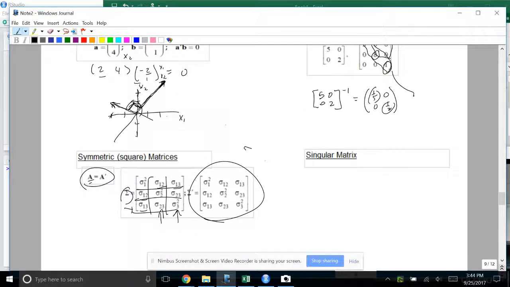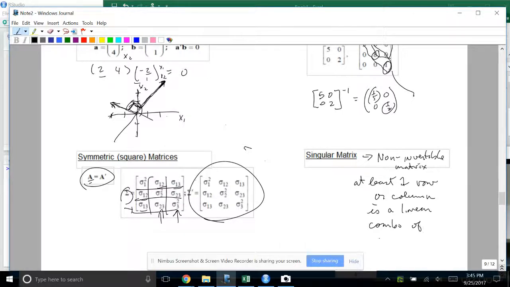A singular matrix is a non-invertible matrix. All right, so what we have is at least one row or column is a linear combination of other rows or columns.